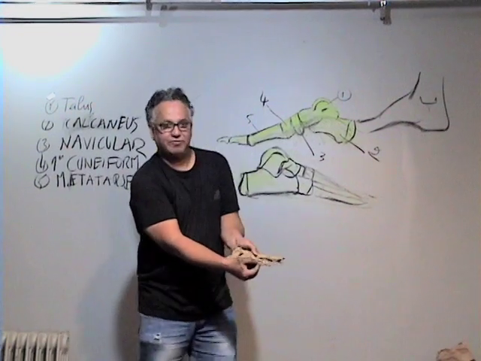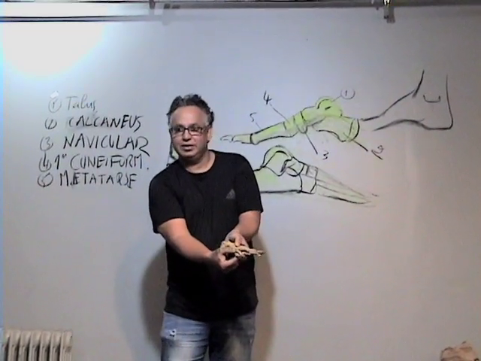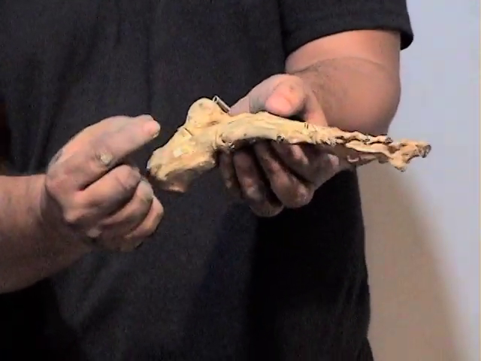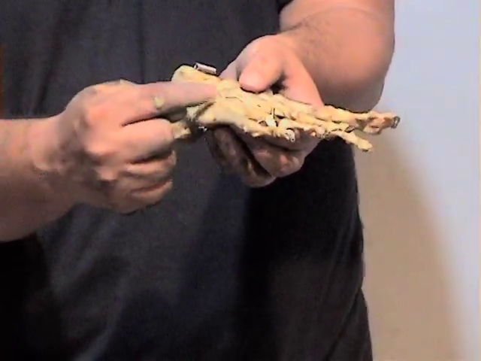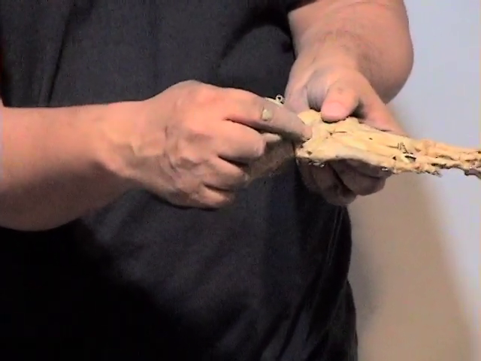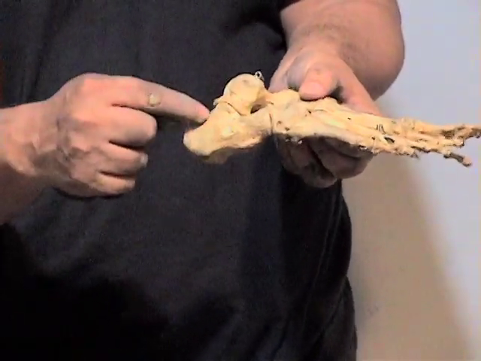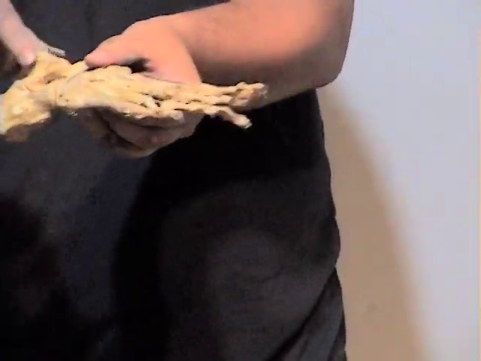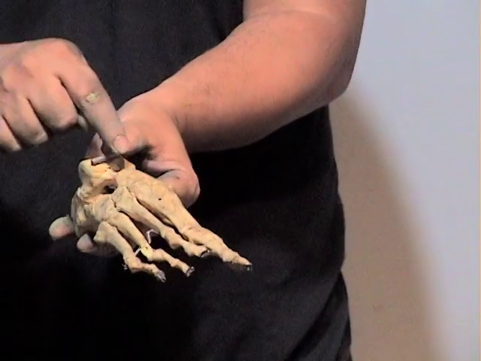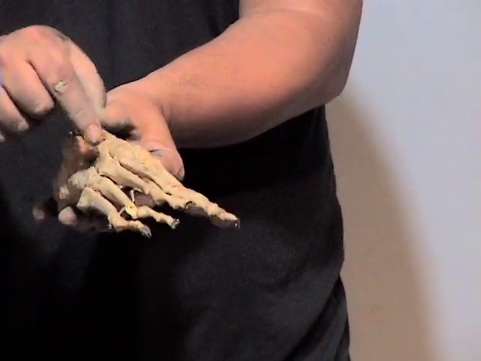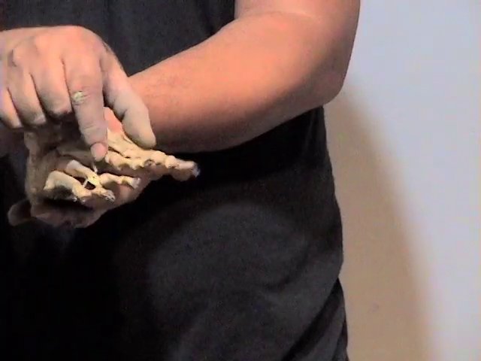These two last, the fifth and fourth toes, are connected with this bone, which is the cuboid, and the cuboid is connected with the calcaneus. Now the talus is connected with the navicular, which gives us the three cuneiforms, and these three cuneiforms give us the three other toes.